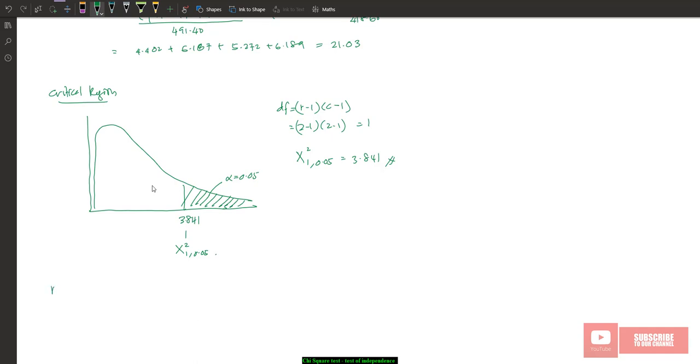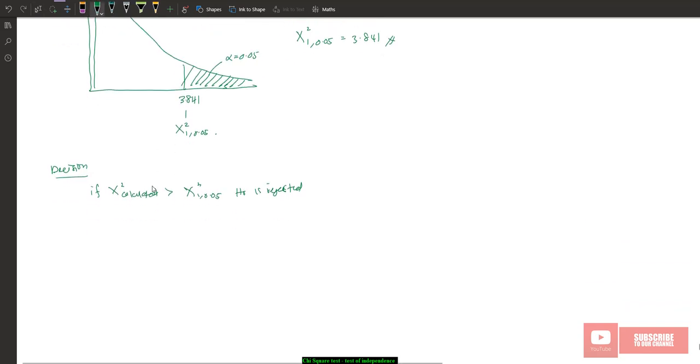Then we make a decision. Our decision is that if the chi-squared calculated is more than the chi-squared with 1 degree of freedom at 0.05, the null hypothesis is rejected.